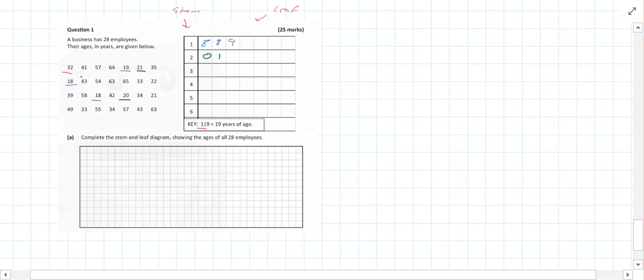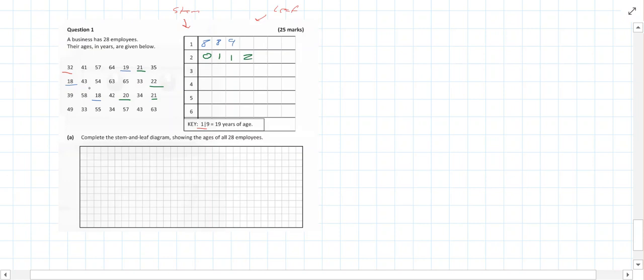Any other ones then? So we have another 21 here, so again, you're going to put in another 1. And then there's also a 22 here, so you put in your 2 here. So that represents all of the ages that start with 2. Okay, and we can see we've got 1, 2, 3, 4 of them.